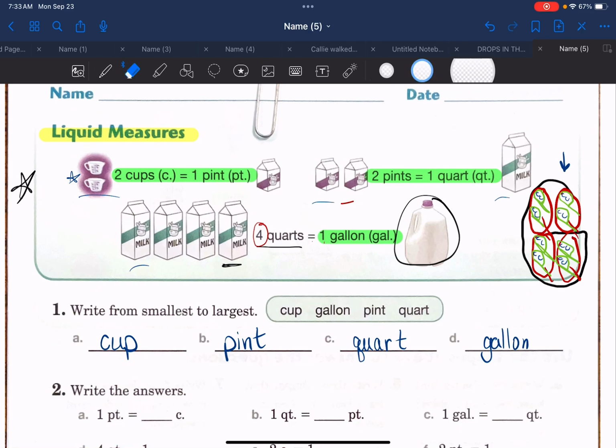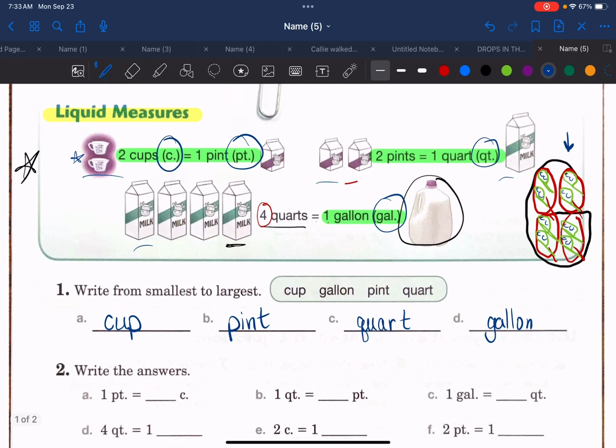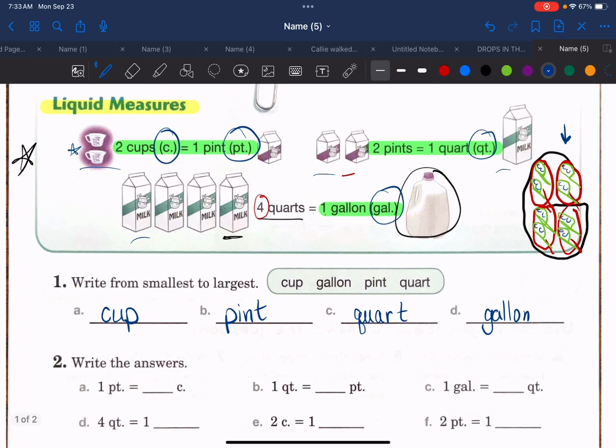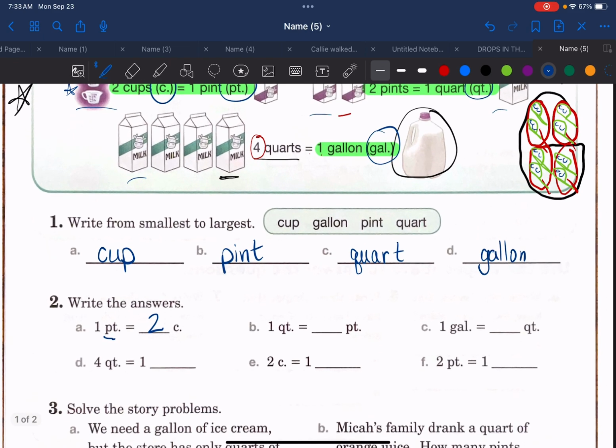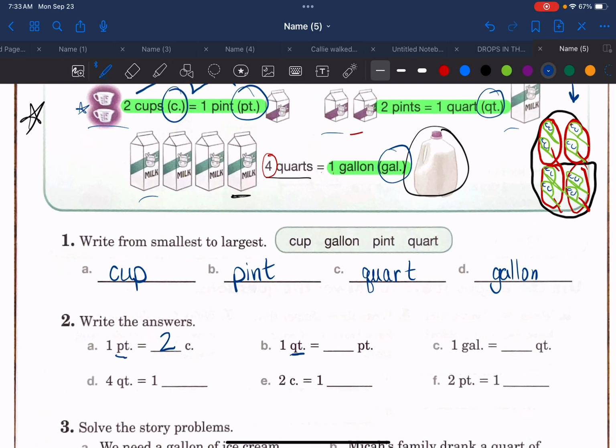Now notice that they did, in your book, do the abbreviation. So you're going to start seeing that abbreviation down on number 2. So 1 pt, if you come up here, look right here, pt means pint. 1 pint is how many cups? Well, it says right here, equals 2 cups. Okay. 1 qt, that means quart.